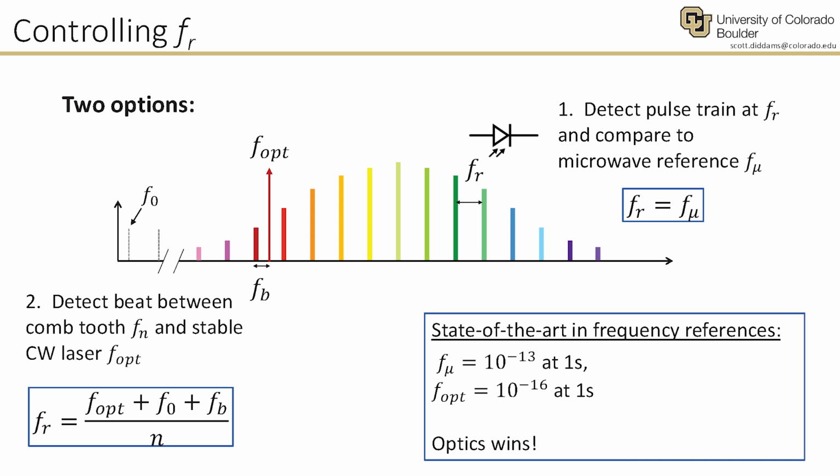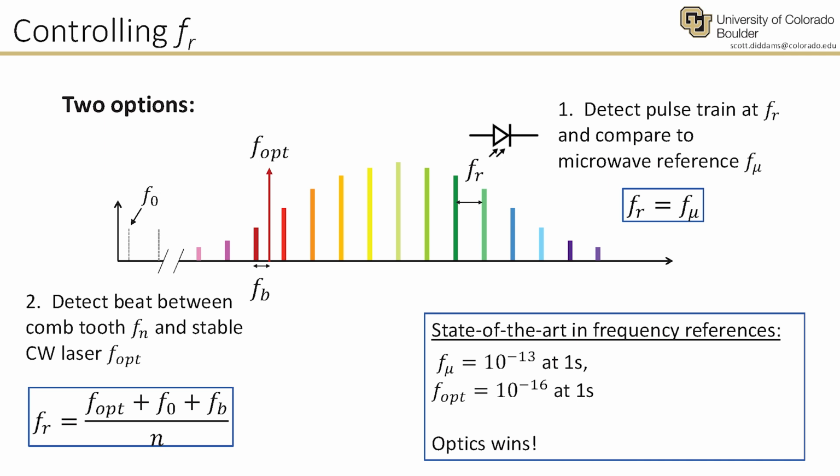Okay, and we build a control loop, a servo control loop. We feed back to the laser cavity, and we change the length of the cavity because that repetition rate is related to how long the pulses go around in the cavity. And we control that length to match its frequency to that of, say, a microwave reference. Okay, so that's one way to do it.